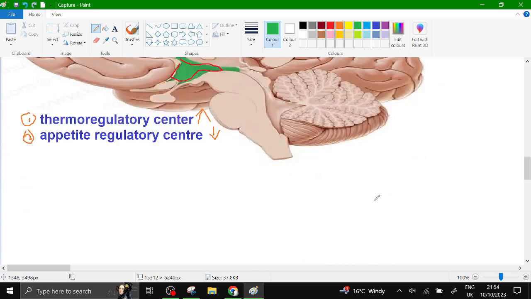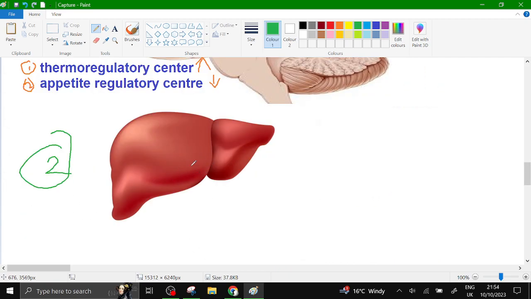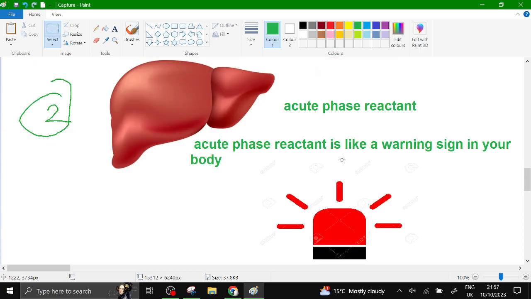The TNF will also go to the liver, which is number two, and in the liver it will stimulate the liver to produce what's called acute phase reactants. Now the acute phase reactant is like a warning sign in your body. So if your body is having any inflammation or any sort of infection or anything going wrong inside your body, this will make you aware that there is something wrong, so that you can go to the doctor to see what's going on.